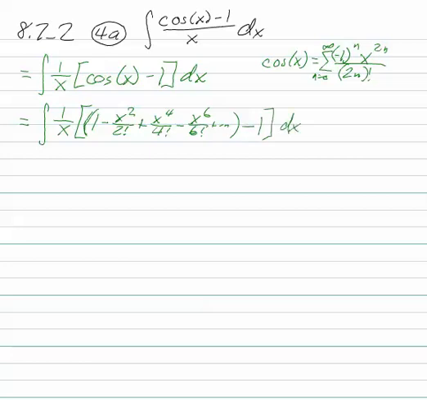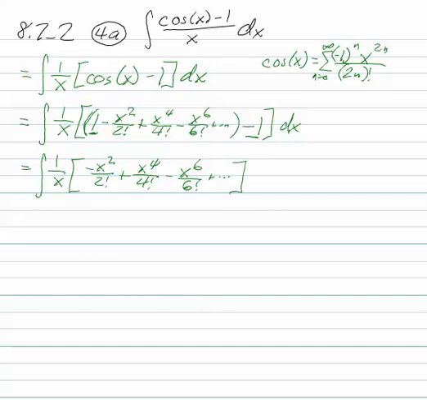Minus 1 dx. Now, if you look inside the brackets, you've got a plus 1 and a minus 1. So those can cancel. If you cancel them, then you get the integral 1 over x times negative x squared over 2 factorial plus x to the 4th over 4 factorial minus x to the 6th over 6 factorial and so on.